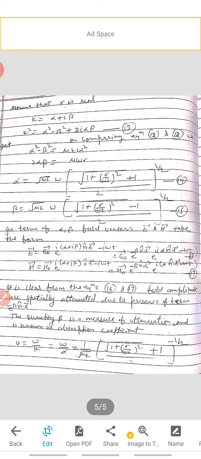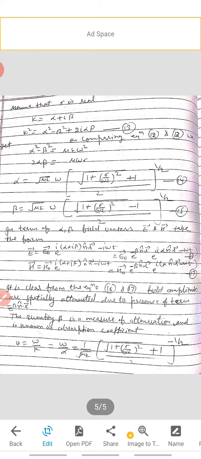Now, in terms of alpha and beta, the field vectors E and H take the form. On putting the value of k in terms of alpha and beta, we get E is equal to E naught e power iota alpha plus iota beta n cap dot r minus iota omega t, and this will be equal to E naught e power minus beta n cap dot r into e power iota alpha n cap dot r minus omega t.